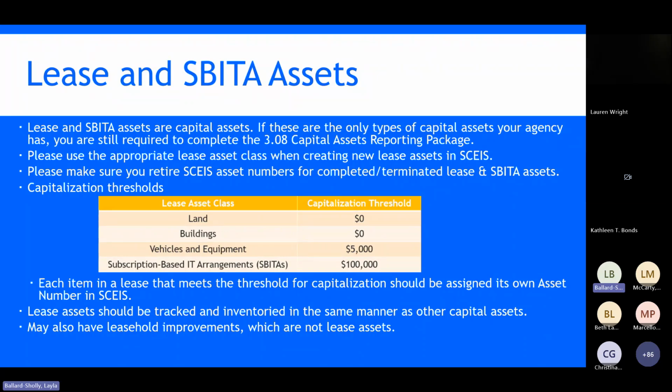Usually you've got to get permission to do this, but it would be a situation where you pay to do these improvements. They would qualify as building improvements under that normal definition, but it's for a building you lease. And if you have any questions about that, you can contact me. I can help you figure out how to capitalize those.